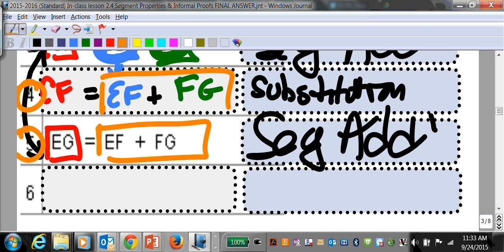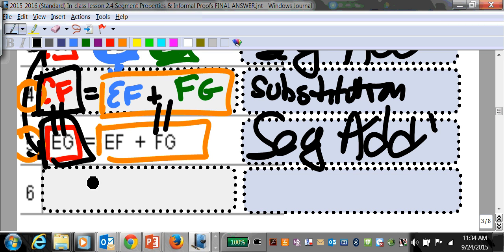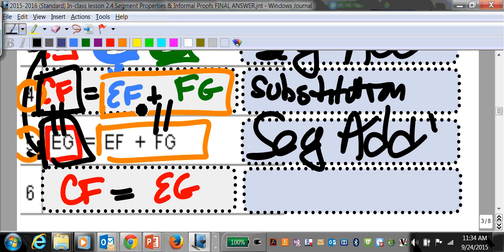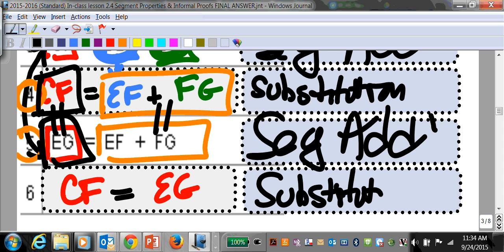Look. You see that? Thumbs up if you saw that. Thumbs up? Okay. Now, if these guys are equal, what can we say about these two? Absolutely. Just on a roll. And the reason why here is we swapped out one, put in something else. That's substitution.